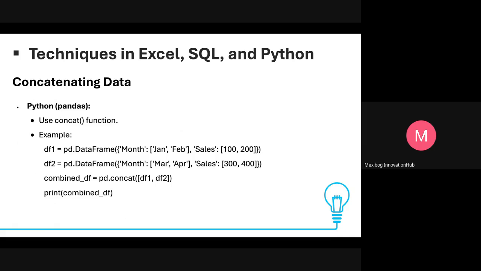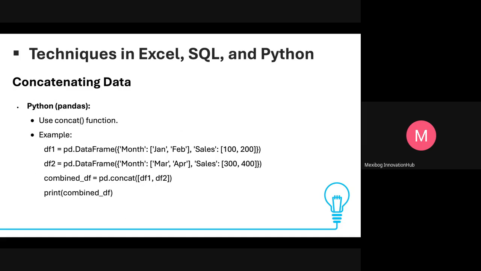Then in Python, a typical example is to use the concat function. So this is the code of how it's being applied. df1 equals pd.DataFrame, parentheses, put the months, January, February, and you'll be able to concat, you stack these two tables together.